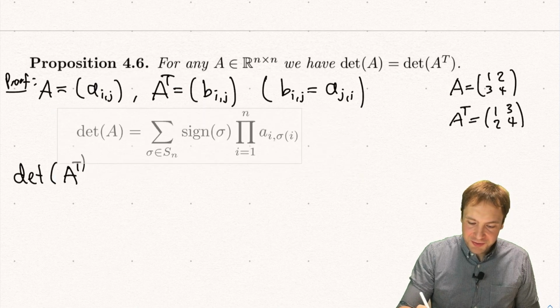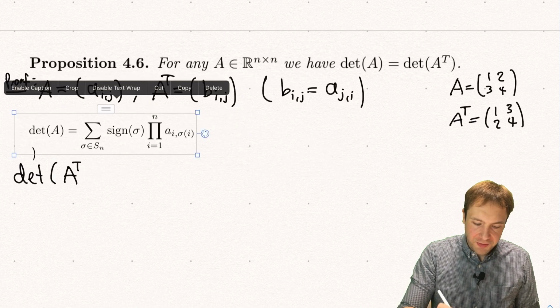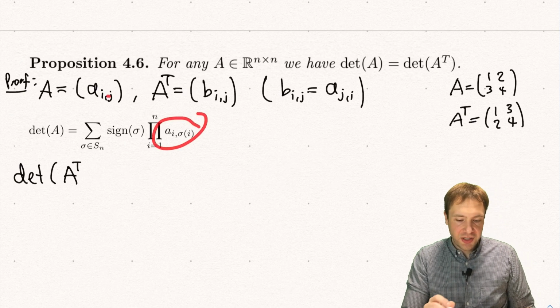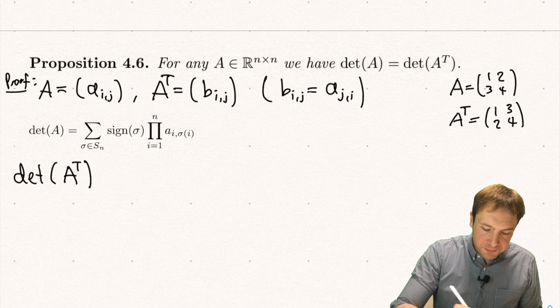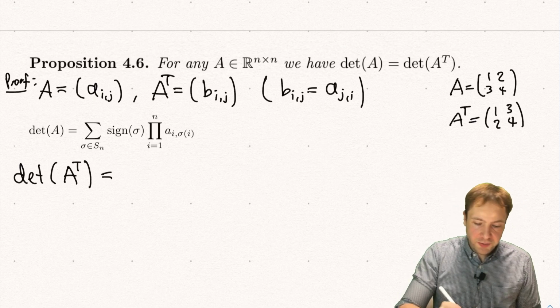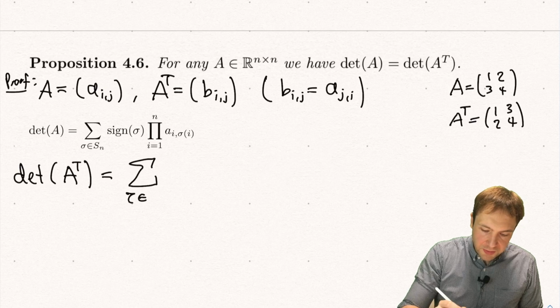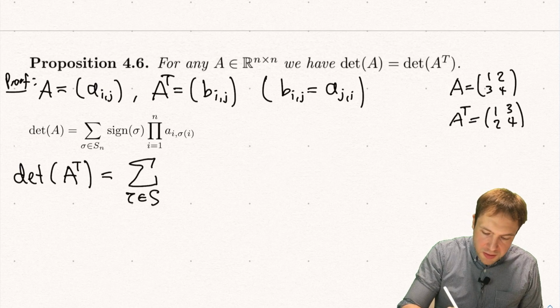So here this is the determinant of A with the entries a_ij. And now the determinant of the transpose, well, it's the same definition, but now let's give it different names. So instead of sigma we use a tau.